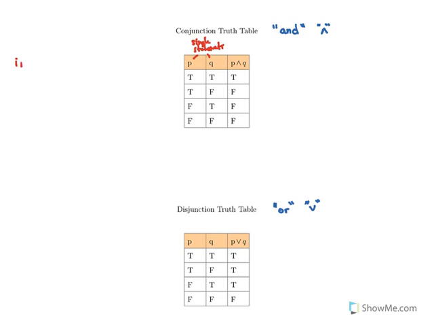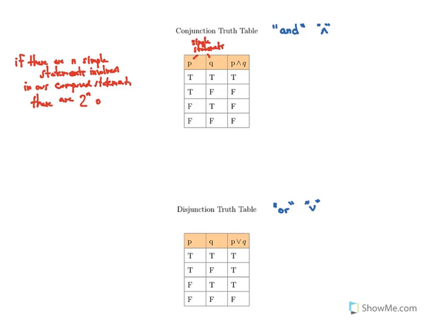So note that if there are n simple statements involved in our compound statement, then we will have 2 to the n rows of our truth table.